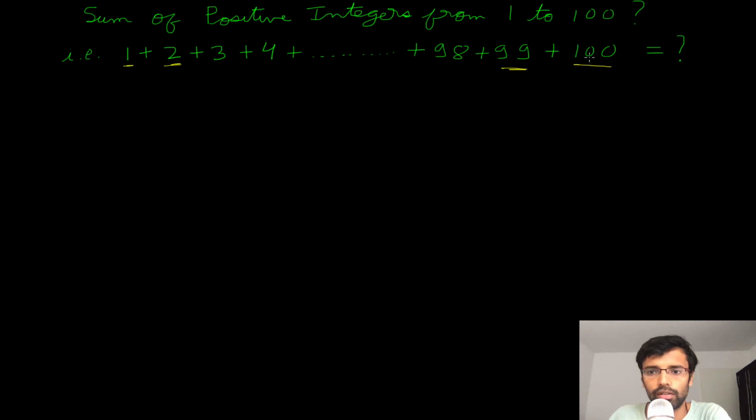So 1 plus 100, 101, 2 plus 99, 101, again 3 and 98, 101, 4 and 97, 101, 5 and 96 would again be 101. And if you continue to think on this line, then you will see that you will reach 50 and 51, which will again sum to be 101.